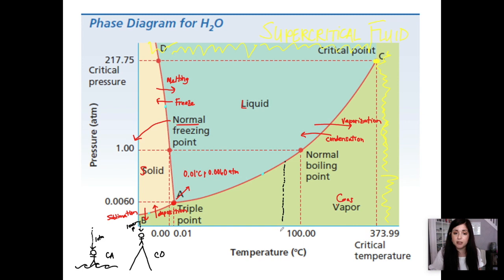Maybe this is at about 90. I'm just estimating here. So the boiling point of water actually goes down when pressure decreases, and that's because that water is able to evaporate because it's not pressing down on that surface as readily.